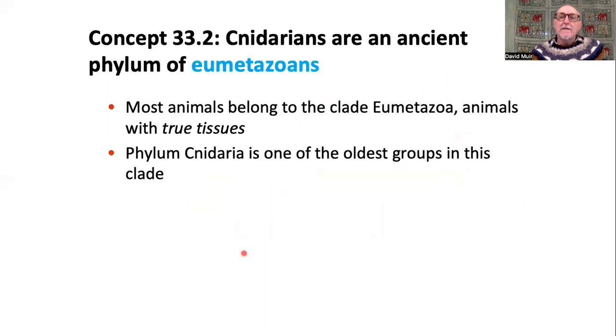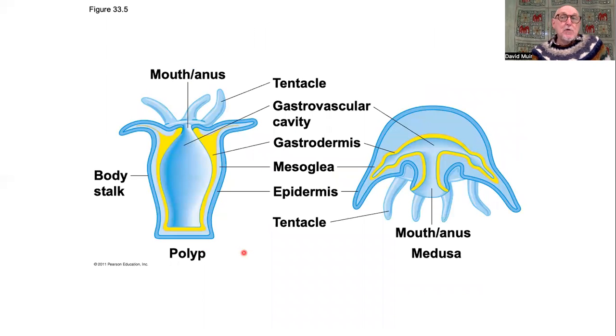But in actual fact, they only have two cell layers, two layers of tissue, one on the outside called the epidermis, and one on the inside called the gastrodermis. Could be called the endodermis as well, but you can call it the gastrodermis because that will remind you that this forms the gut.